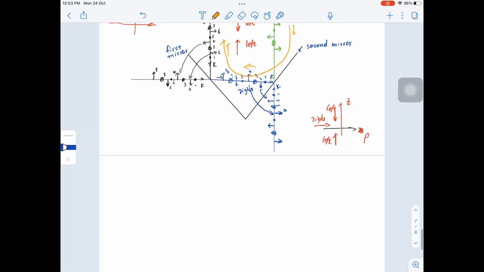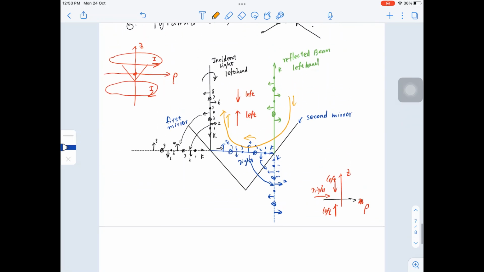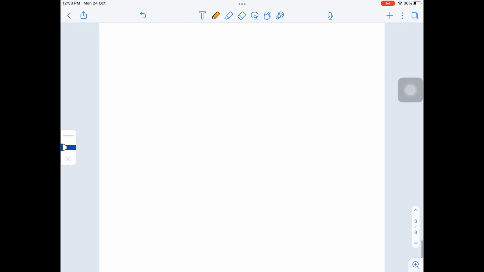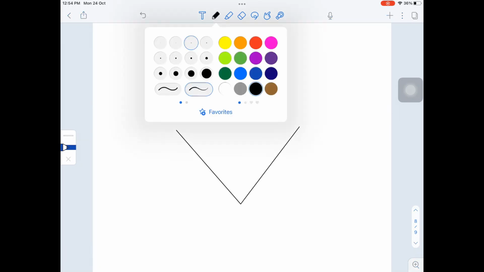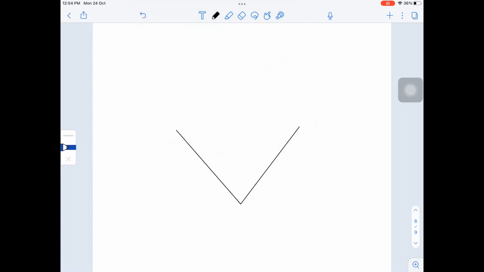Okay, we're gonna apply the same technique used in here. Let's do it again, and this is a good practice anyway. Incident beam. And we use left hand. Why?